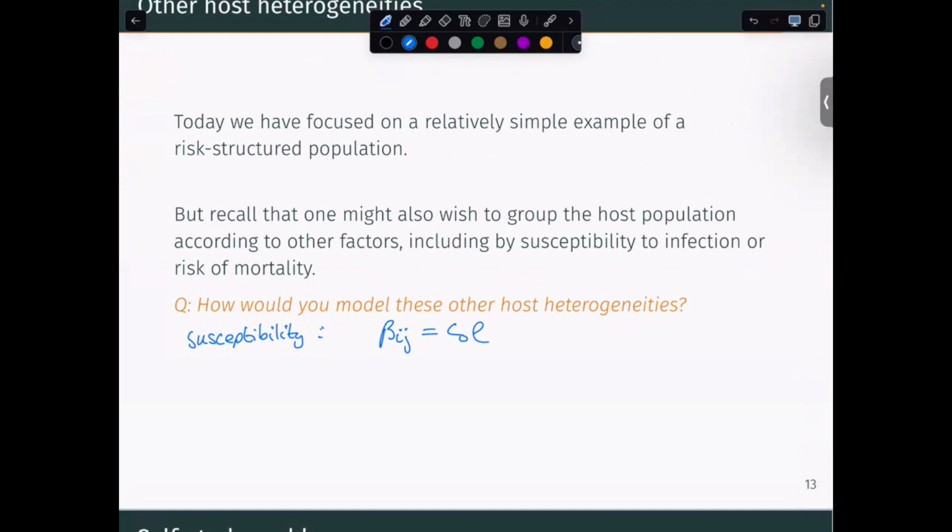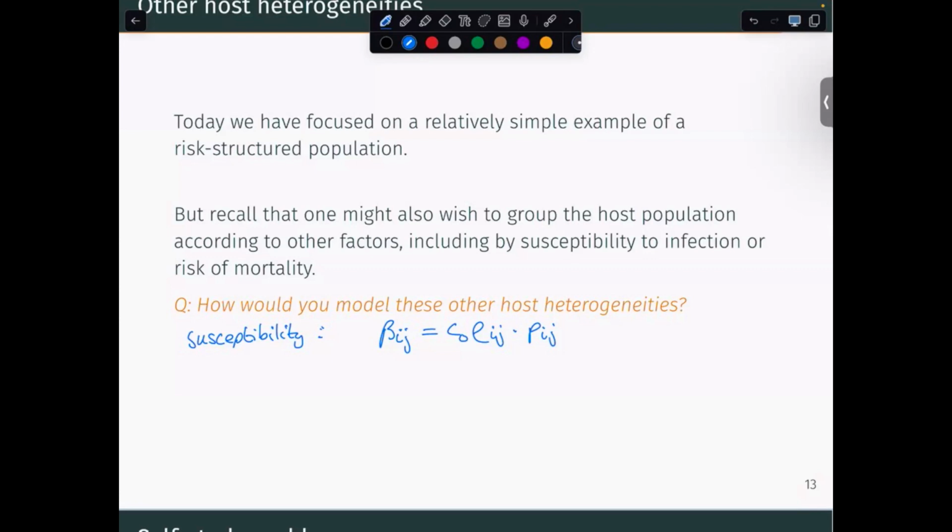we have our mixing proportion that we had before, rho ij, that was in the matrix we had before. But now we'd be multiplying this by some varying probability of individuals in class J infecting individuals in class I. So that probability might vary.